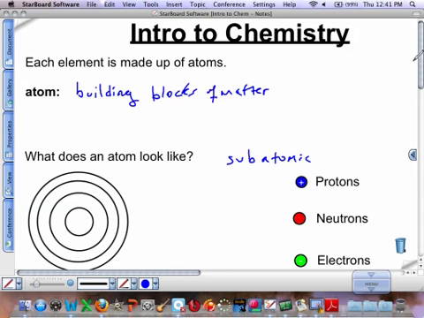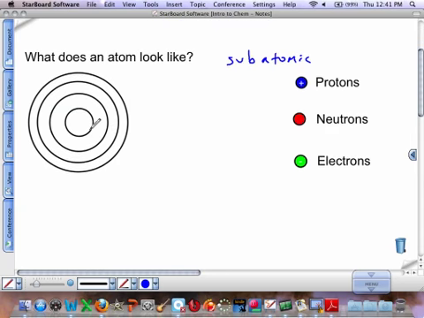In the center of the atom, we call that the nucleus. So this little guy right here, that's the center. That's called the nucleus, just like the nucleus of a cell. It's the center of the atom. What are the things that go into the nucleus? Out of the three subatomic particles, protons, neutrons, and electrons, which ones are in the nucleus? Tanner, did you just learn this? Which of the subatomic particles are in the nucleus?